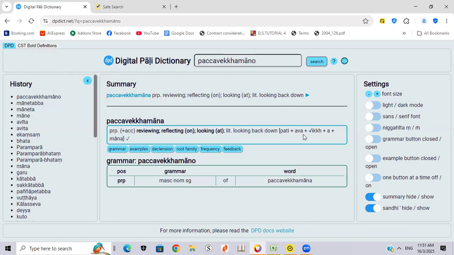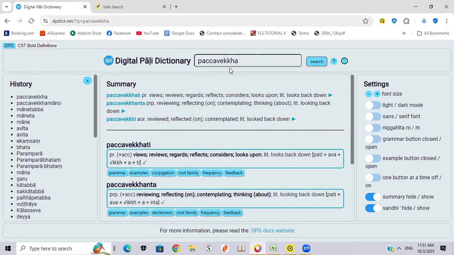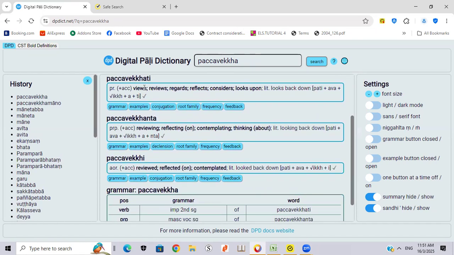Can you see the word pati-avekkha? Look at the mind. If you take the mano away, you get pacchaveka. Okay, pacchavekkhati, this is the verb. This is the noun, pacchavekkhana. Can you see?